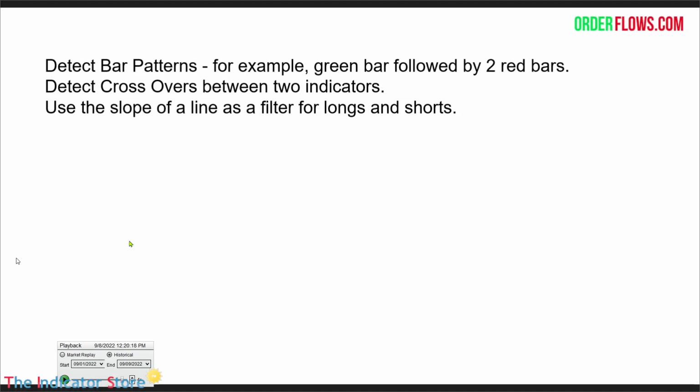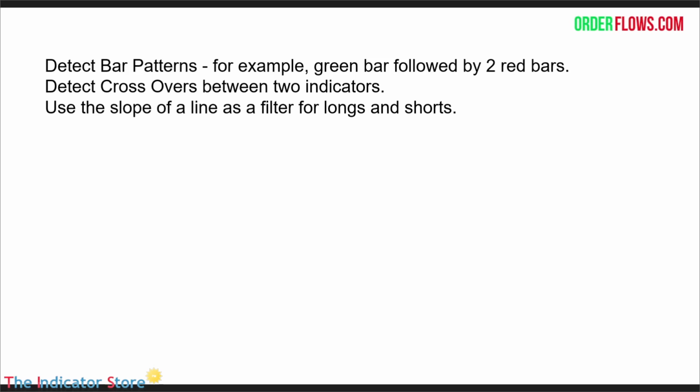All right, guys. So, Pablo talked about a couple of things, detecting bar patterns. For example, the green bar followed by two red bars. Honestly, I didn't realize how strong that was. Just looking at the chart, I saw a lot of signals on that. So you can imagine you could add bar patterns as a filter. You could do crossovers between two indicators.